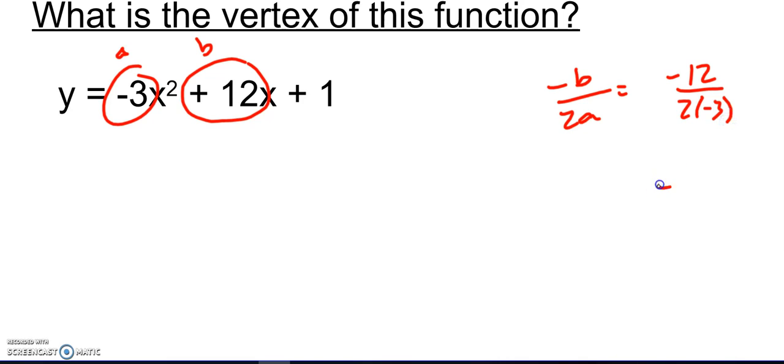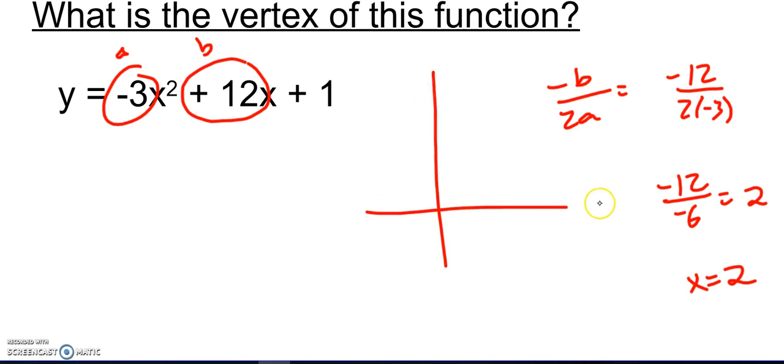So we have -12 over -6, which is 2. So my axis of symmetry is at x equals 2. And if my vertex is on that line, so let's say we know it's at x equals 2, my vertex should be somewhere on this line.